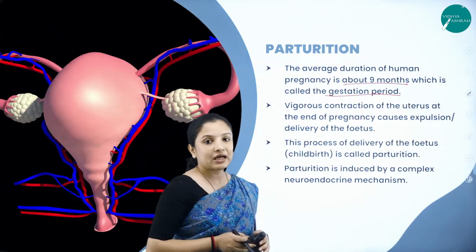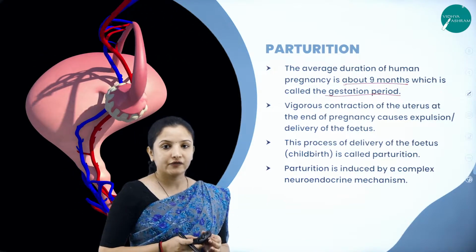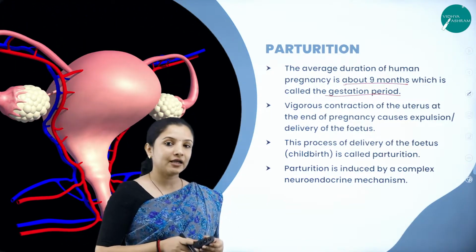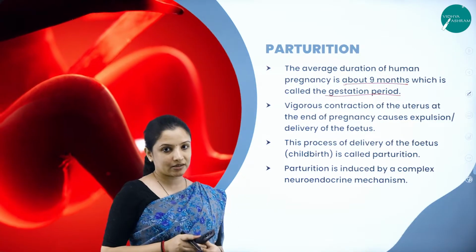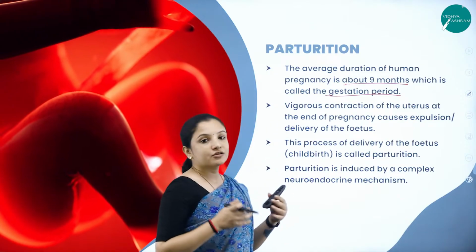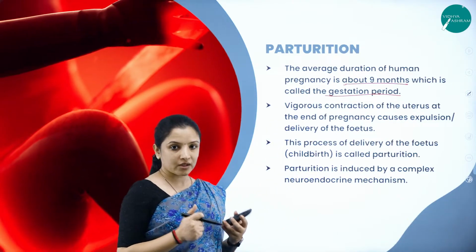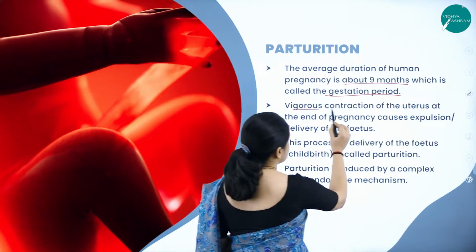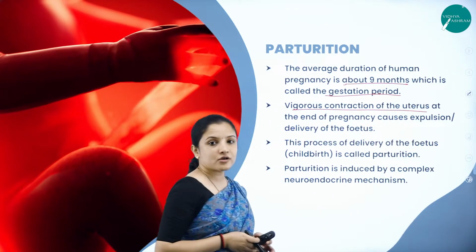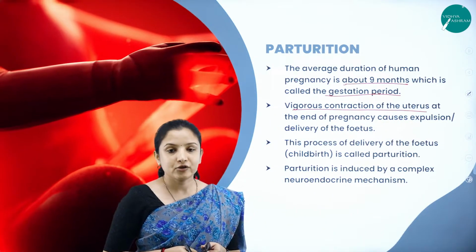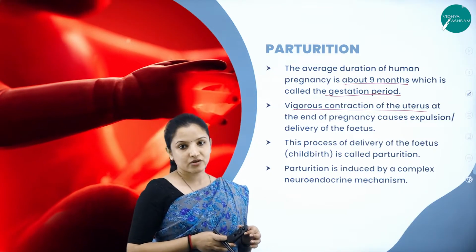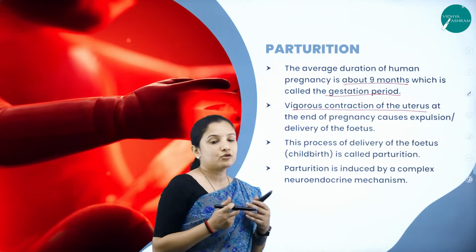So when it is time for the delivery of the baby, or when the 9 months get completed, vigorous contraction of the uterus will occur. What contracts here? It is the thick endometrium layer that will start to contract.